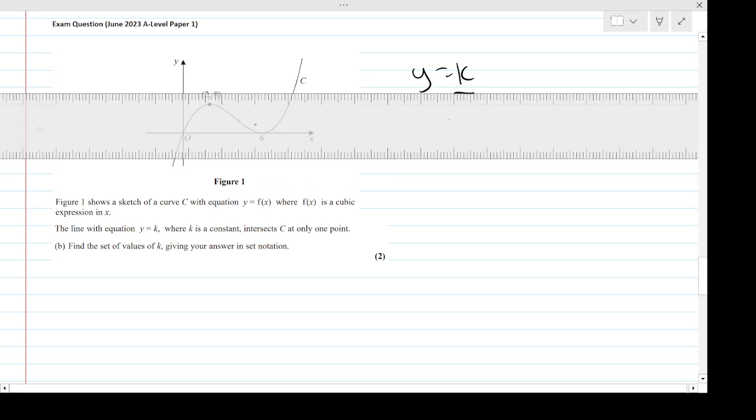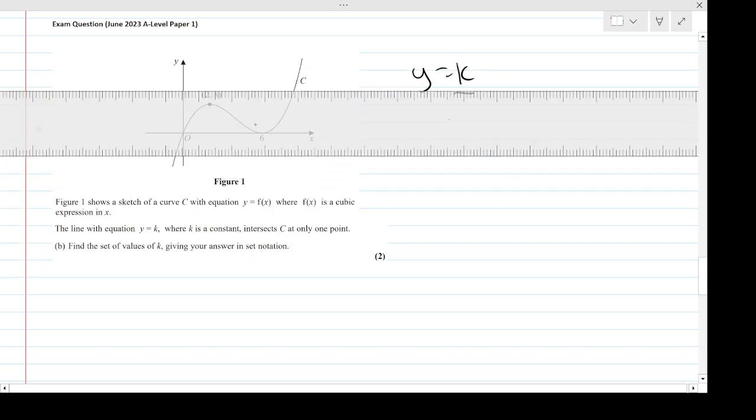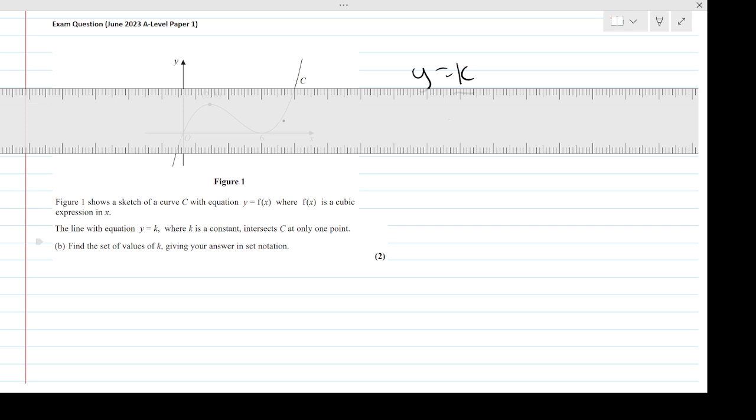As we move up and down, when does it only pass through C, the curve, once? Remember that's what it's told us. So it's going to correspond to being above and below again, kind of. It uses the same sort of idea.